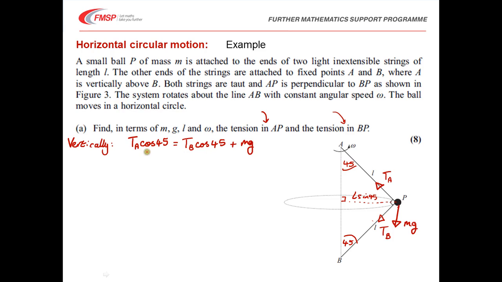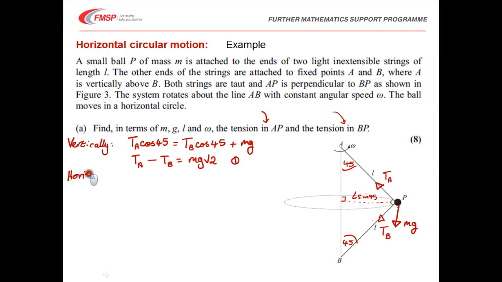We know that cos 45 is 1 over root 2, it's one of your standard angles, so I'm going to convert cos 45 to 1 over root 2, and multiply up by root 2 on both sides, so I end up with TA minus TB equals mg root 2. That may not necessarily be obvious why I wanted to do it like that, but I think you'll see in a minute why it's useful to have it in that form. Okay, so we've done as much as we can in the vertical direction.